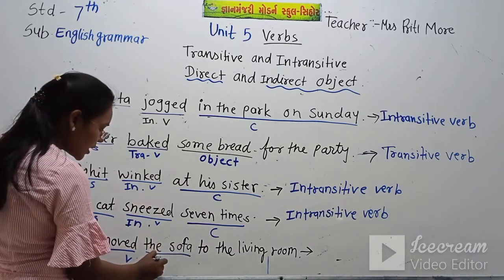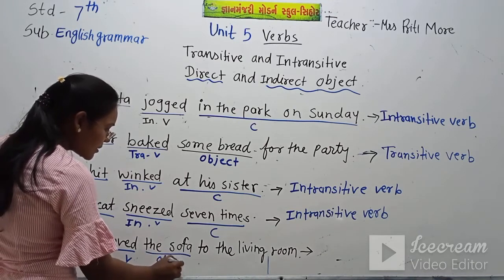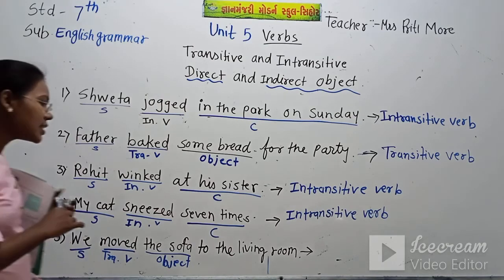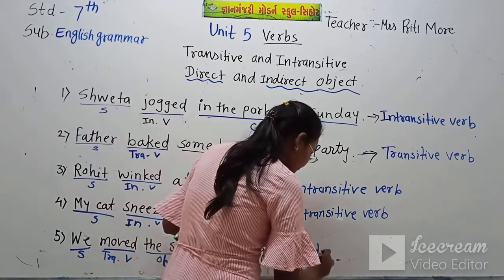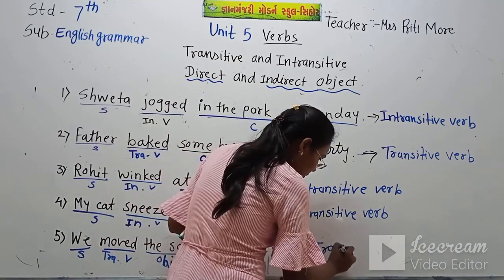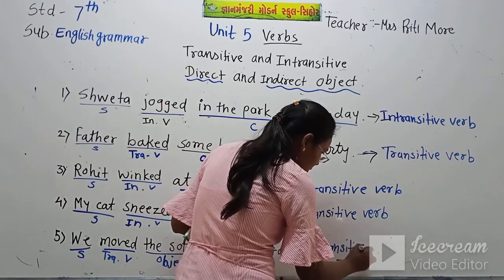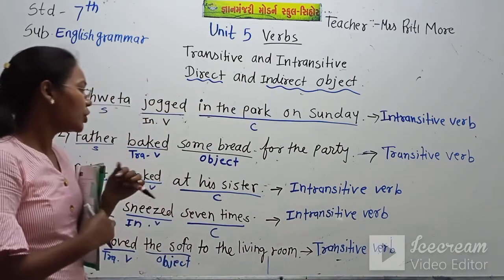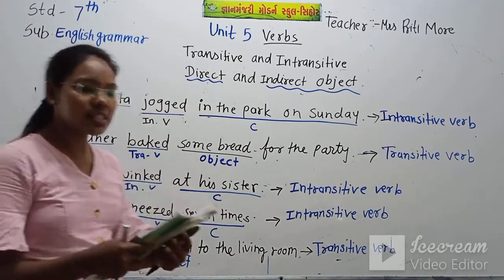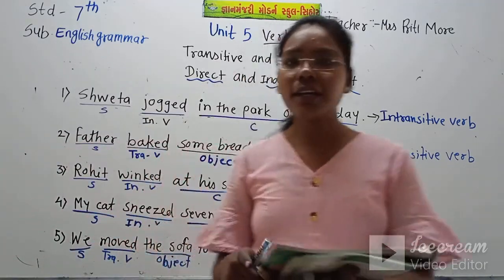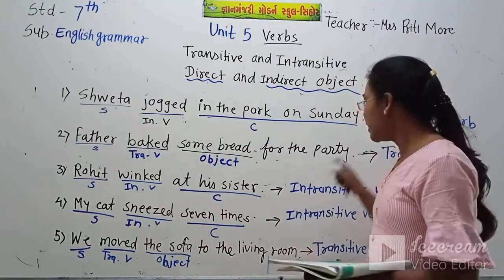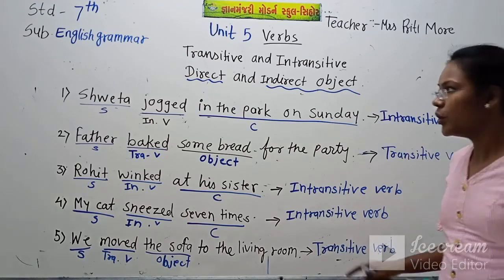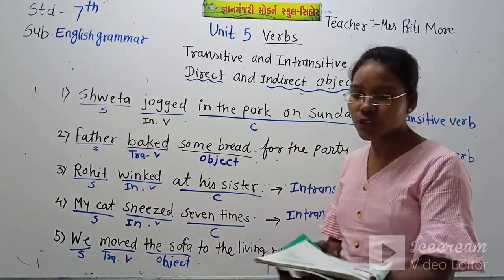This is the object. So this is a transitive verb. So write down all these 5 sentences in your notebook, underline the verb and write whether it is transitive or intransitive. Complete this exercise in your notebook.